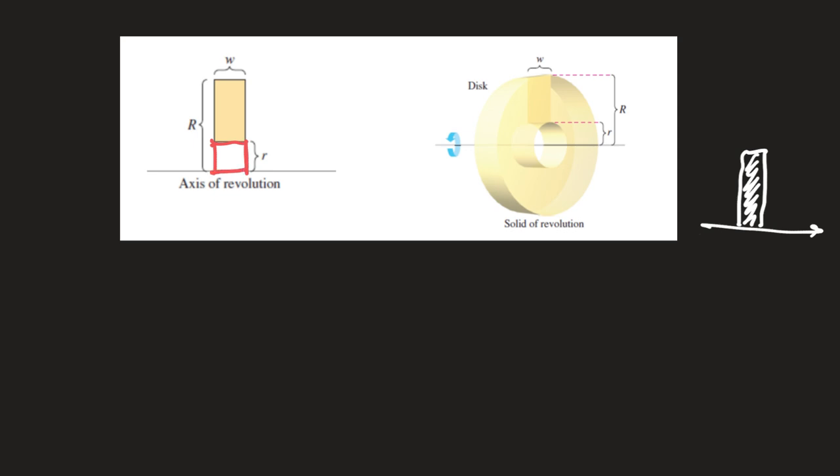With the disk method, there is no hole next to the axis of revolution, so when you rotate this rectangle, you make a disk with no hole in the 3D object. But this one has a hole. When you rotate it, you make this object in 3D, which looks like a donut.